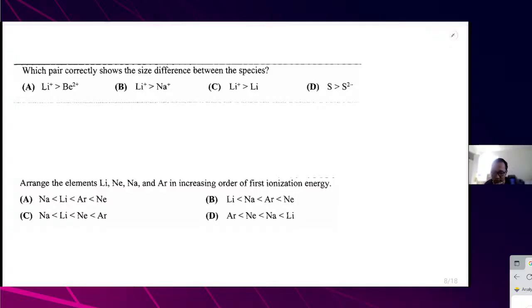Lithium plus more than Be2 plus, lithium plus more than Na plus, and so on. So we need to choose the pair where the larger species is correctly placed. So we need to know the size.